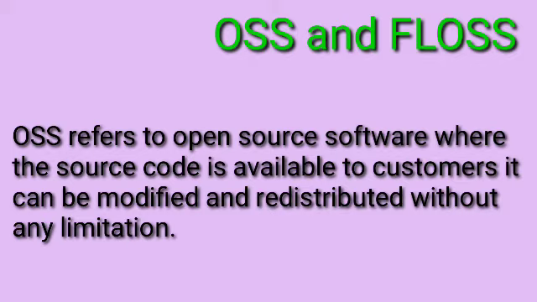So open source software can be easily downloaded and its source code can be easily modified and changed without any limitation. However, in OSS, some charges or a minimum cost can be charged in the name of development or in the name of giving support to those softwares.